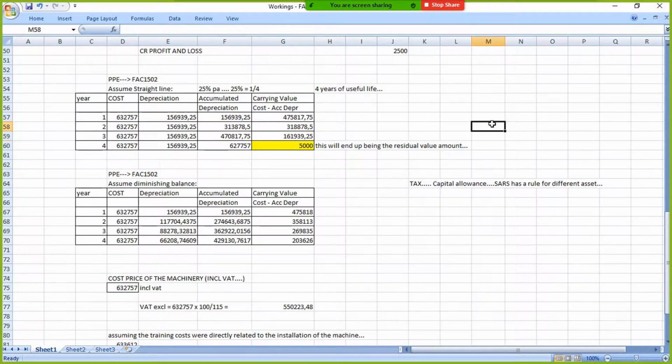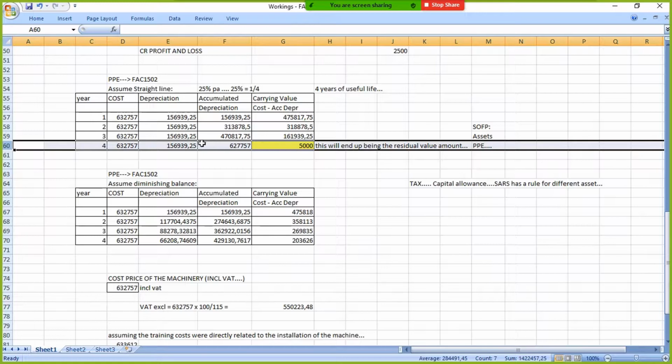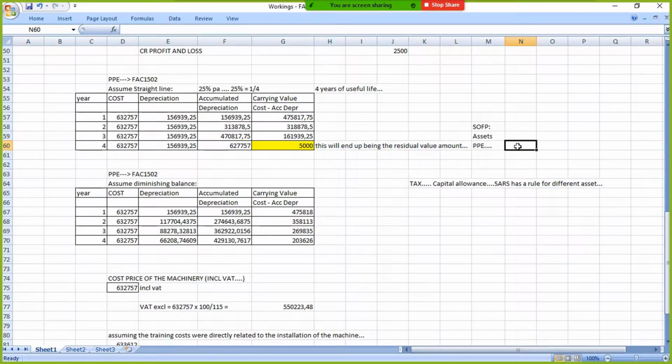Because where is this disclosed? Statement of financial position. Assets. PPE. So what's going to happen if you have no residual value and you're sitting at the end of year 4? Well, you're going to have 0 assets, right? Is that correct? Not actually, because you actually have an asset that is still worth 5,000.